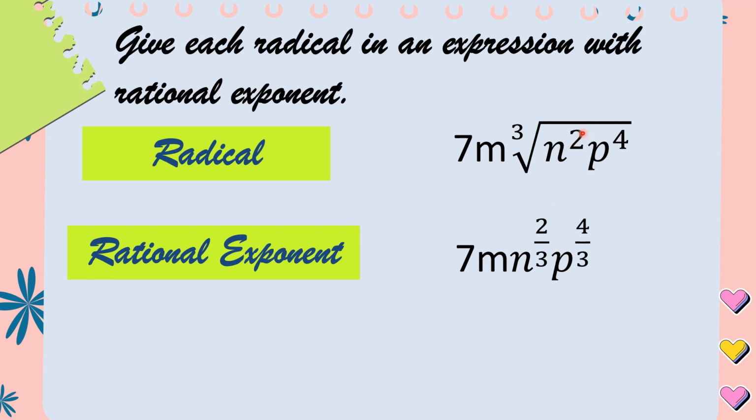So n here, the exponent is 2 and the index is 3. So that's why 2 over 3. For p, its exponent is 4. And again, the index is 3.